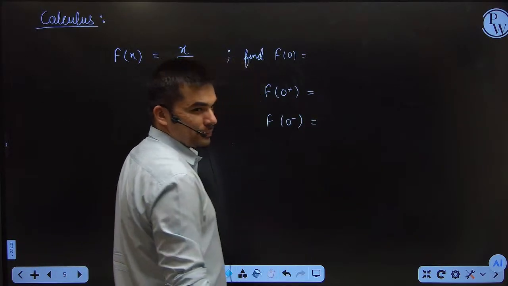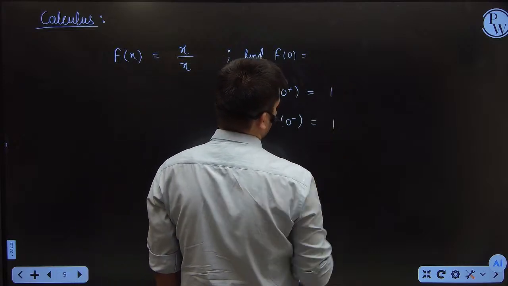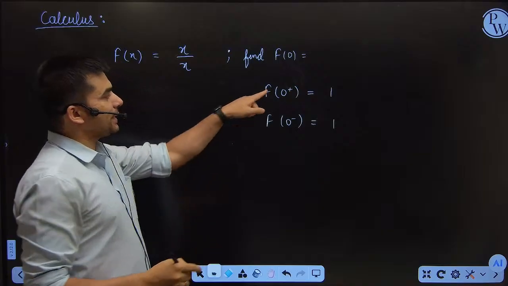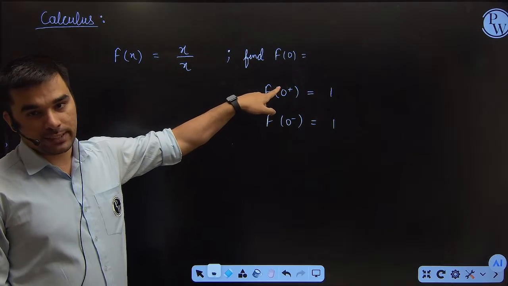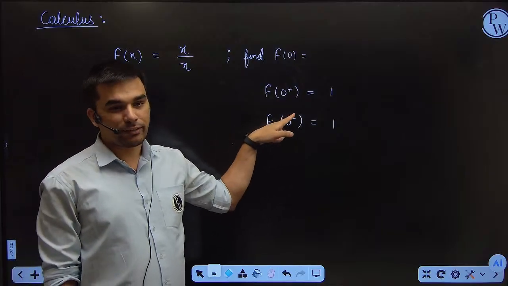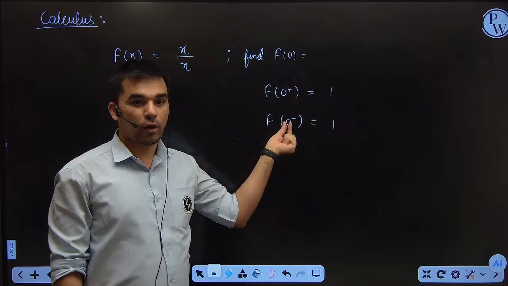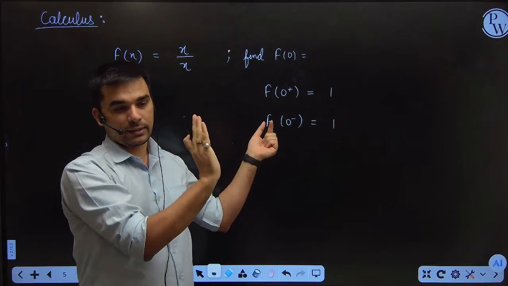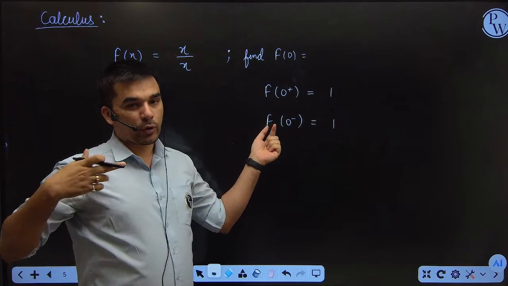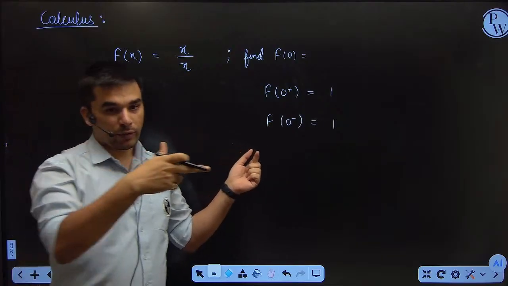So what will be f of 0 plus and 0 minus, by the way, in this case? The value will become 1. So we call this the right hand limit towards 0, and this will be called the left hand limit towards 0. That means you are approaching 0 from the left. On the number line, let's say 0 is the central point. You are approaching from the left, that is, from the negative side, you are moving towards 0.